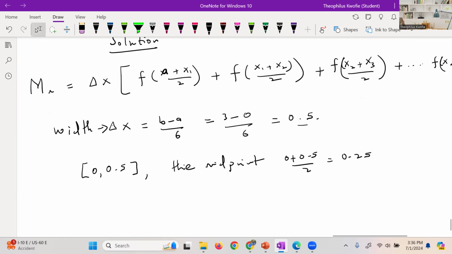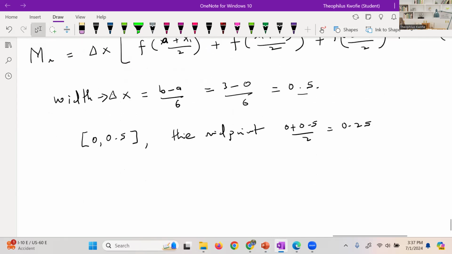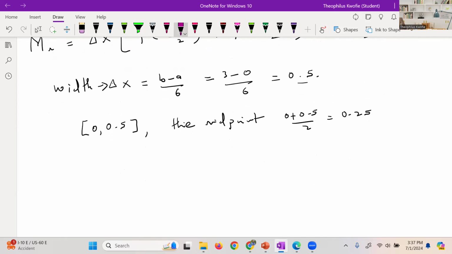At this point, what I want us to do is use a table to do all of that. Doing it one by one will take more time than using a table. So let's construct a table. With the table, I'm going to have the sub-interval, the width, the height, and then the area.